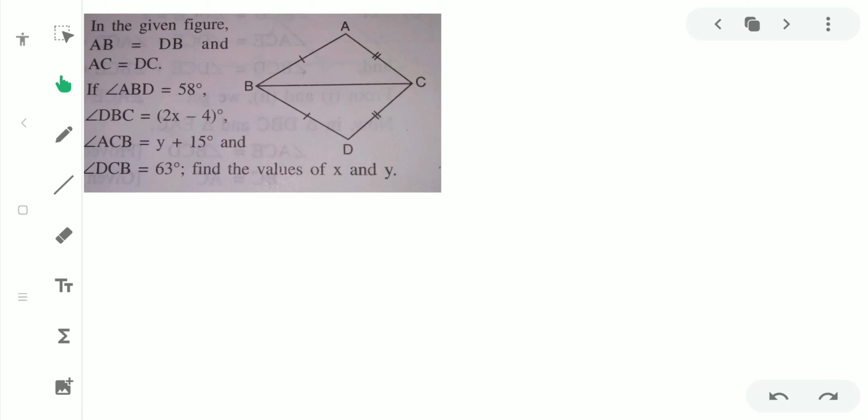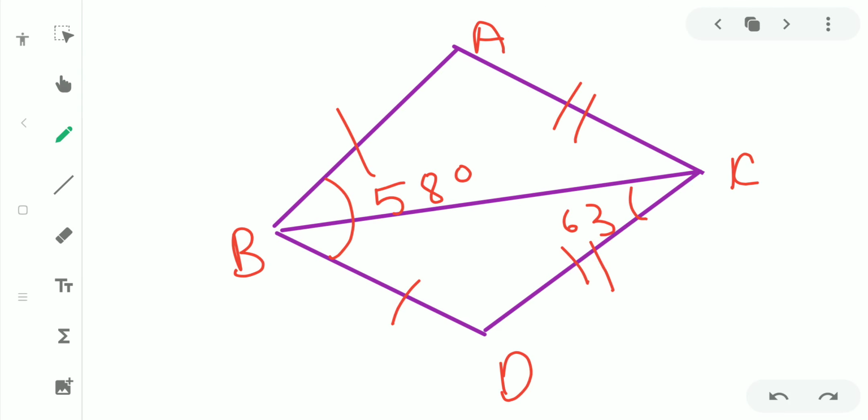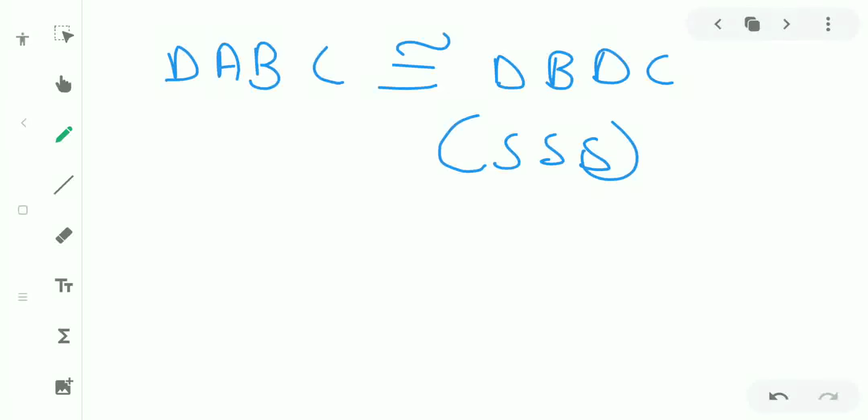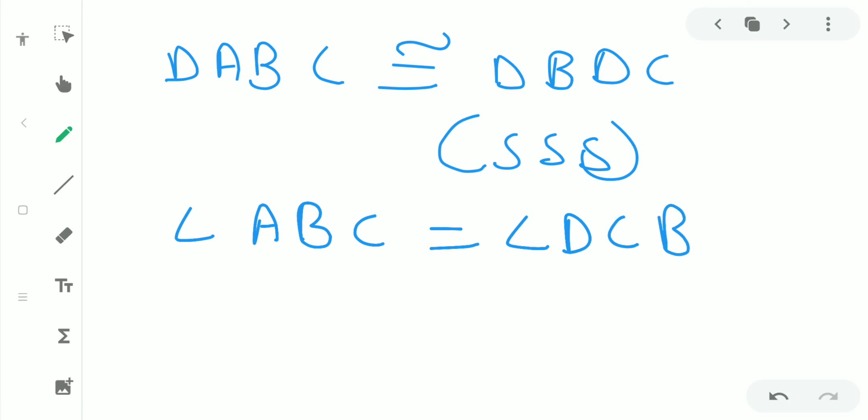Now we know angle ABC will be equal to angle DCB by CPCT.